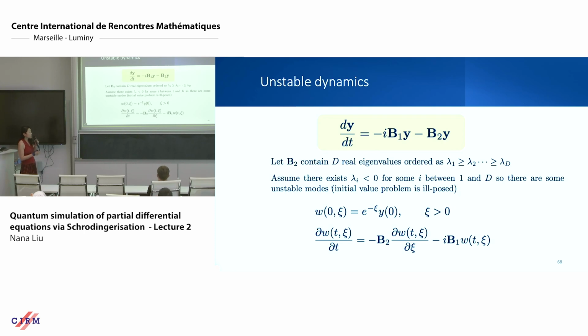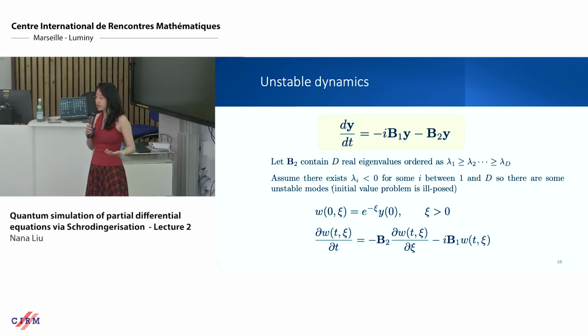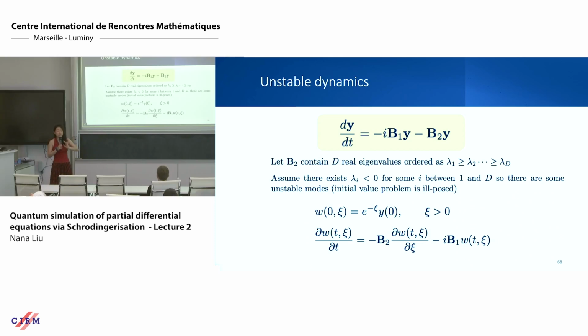First of all, when we dealt with only positive eigenvalues, where did that come in when we derived Schrodingerisation? You might remember what I said at the beginning: when we apply the Ward phase transformation, it works when we have e to the power minus psi multiplied by u when psi is positive. Then we were able to extend to psi negative.